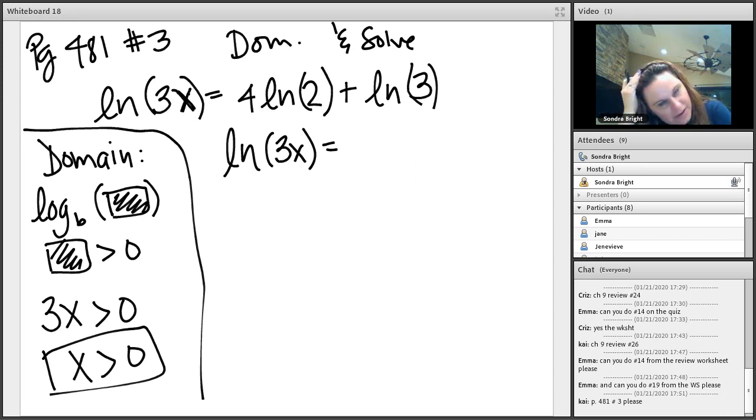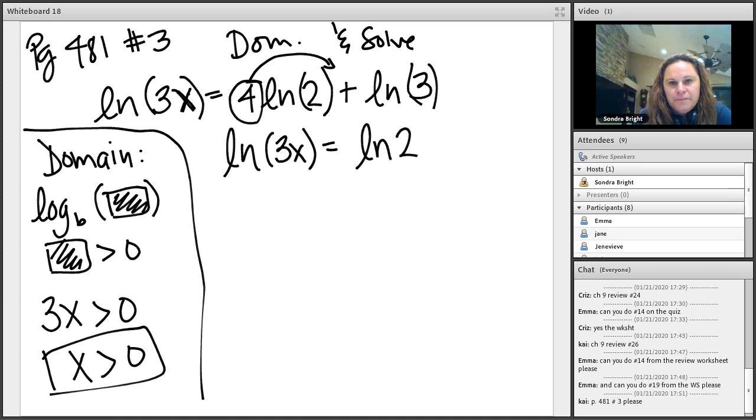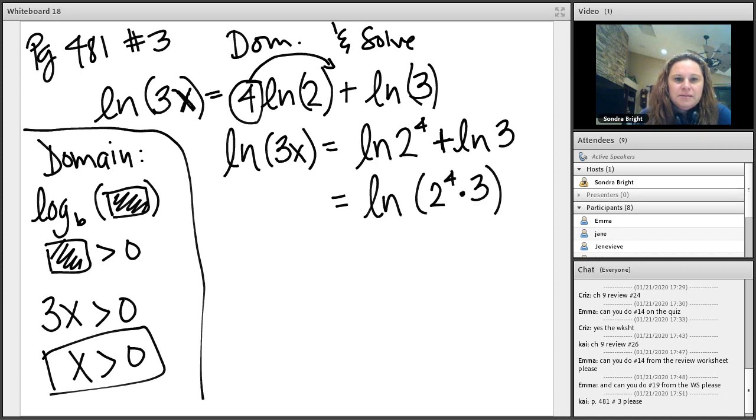So on the right-hand side, I'm going to condense it and write it as a single log. 4 is going to come around and be put as an exponent on the 2, and so that's a 16. And then a log plus a log, you can write as a single log by multiplying them. So I got the natural log of 3x.